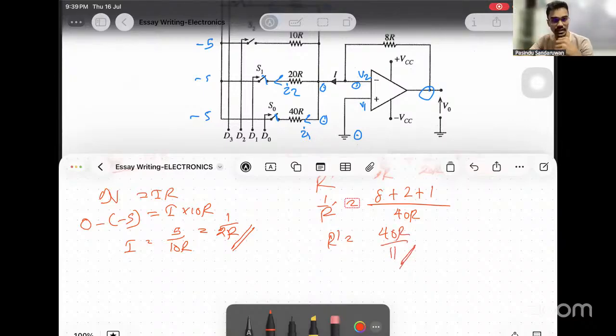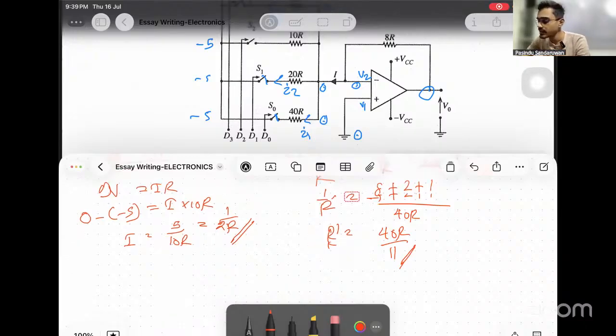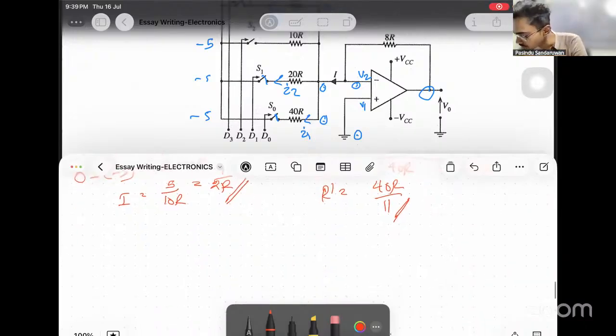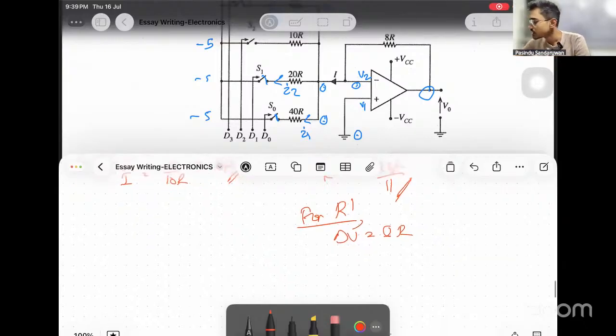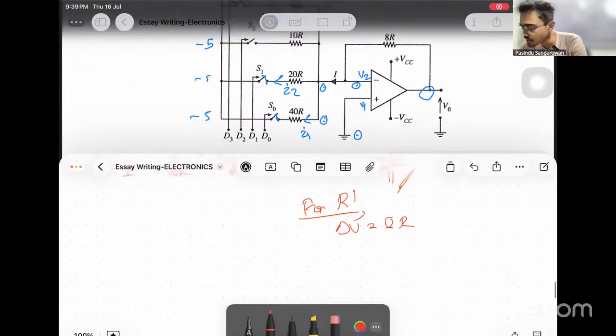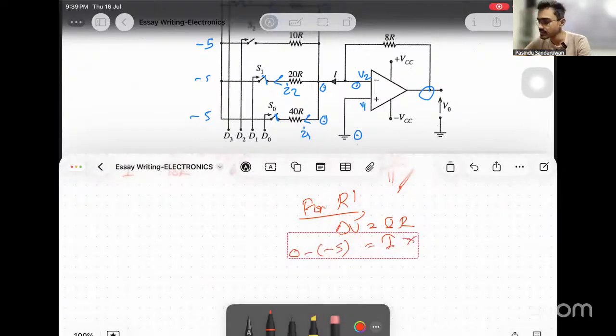Equivalent is known. Now for the equivalent resistor, I can apply delta V equals IR. Delta V is 0 minus minus 5 again. Now the total current, capital I, comes at once because I'm applying the equivalent resistance.